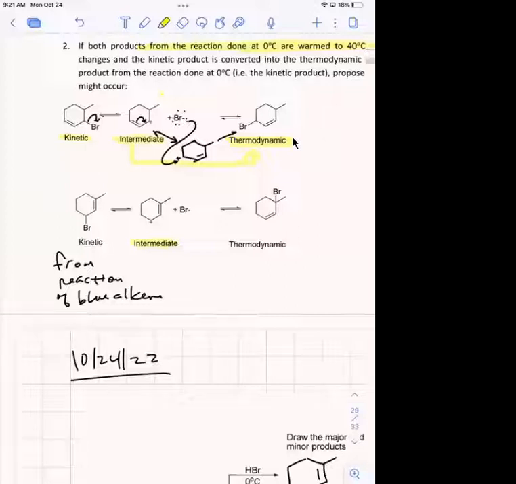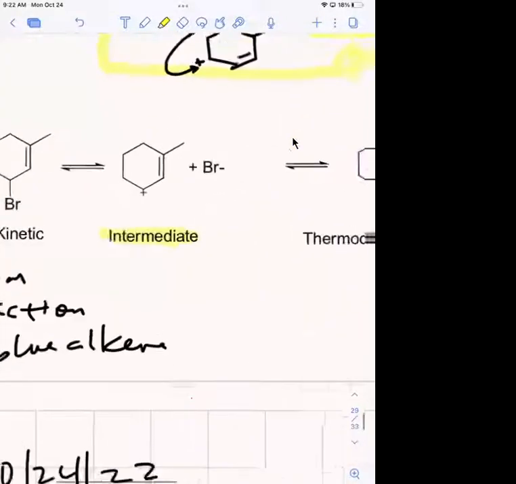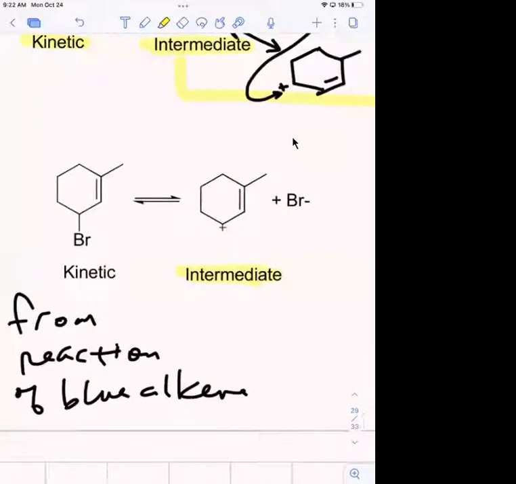How do I show that? I have it right here. How do I get from here to here?